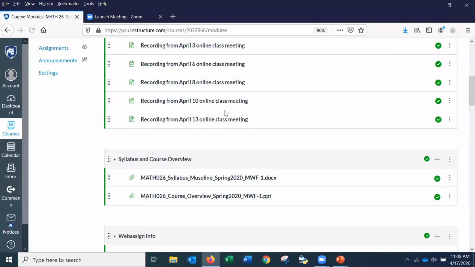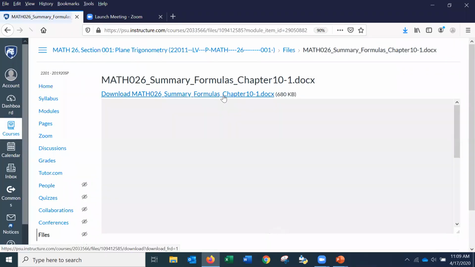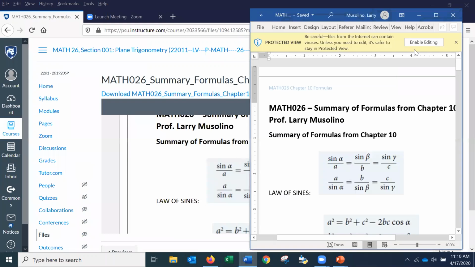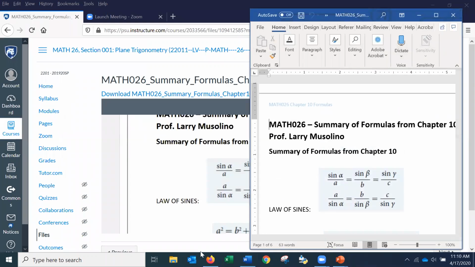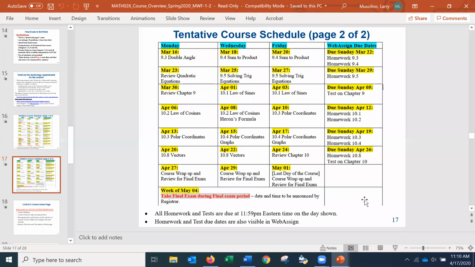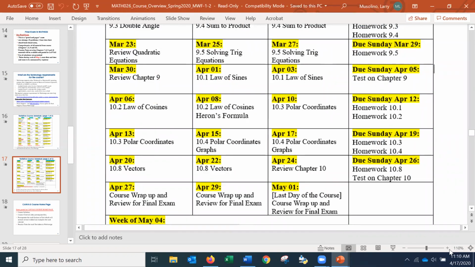So I'm going to bring up the chapter 10 summary also. Section 10.4 for today.